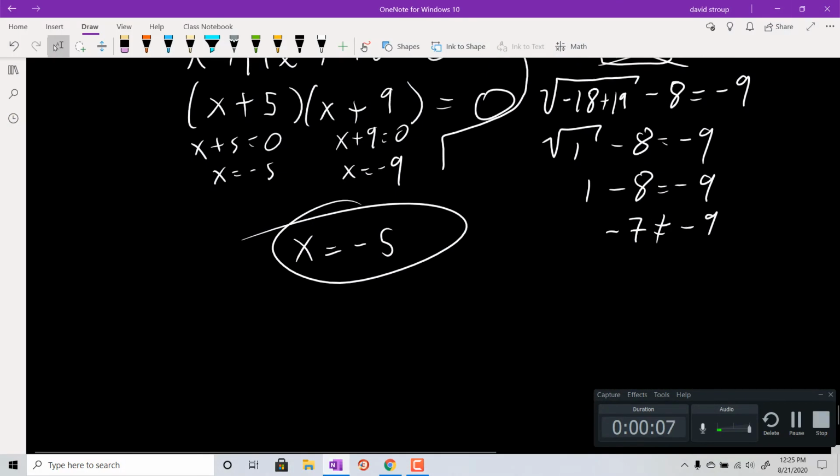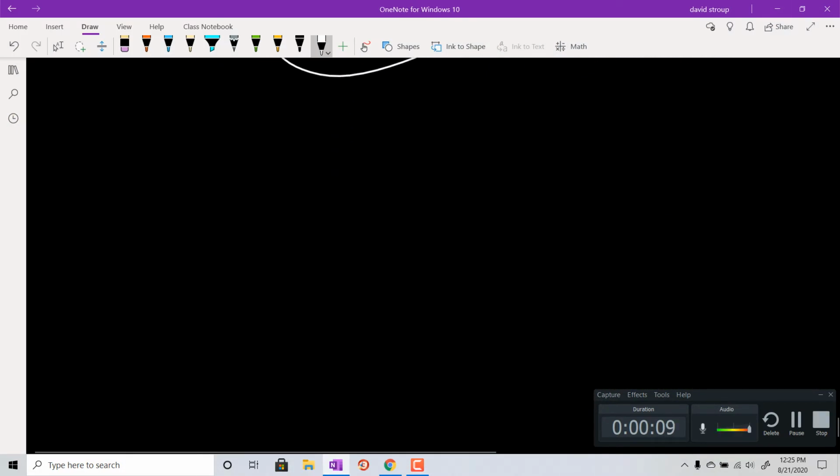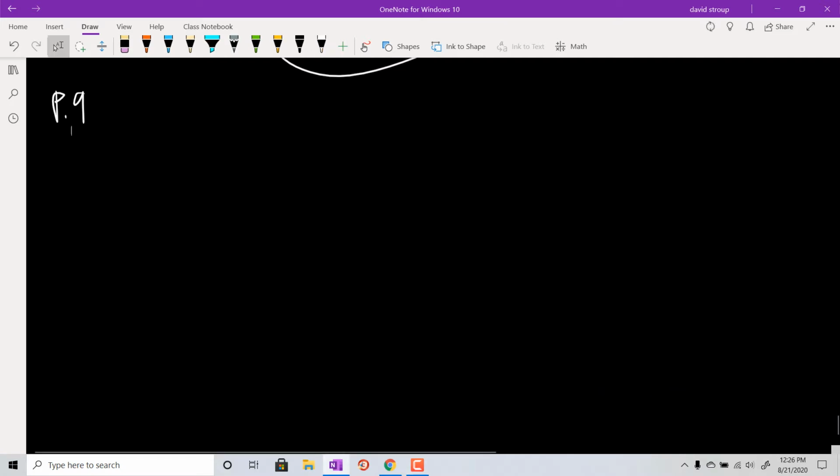Sorry. So this is now P9, and it's considered another review section in the book. What's in here is all this inequality stuff, and then we're also going to add in absolute values with the inequalities. All right. So first off, we need to be able to describe the solutions.